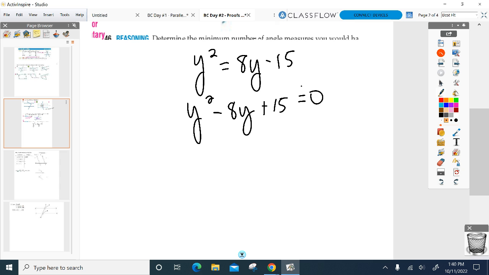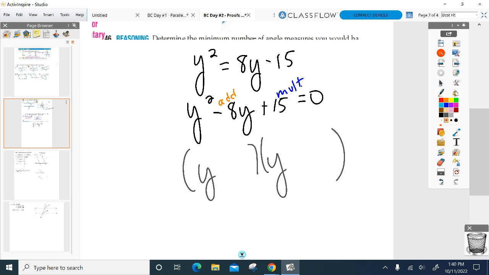You've got to play a little game. Anybody remember that game last year? Two numbers that do what? Multiply to, in this case, which number? The last number. So the two numbers you give me have to multiply to 15, but at the same time, add to negative 8. I always start with the numbers that multiply, and this is not a hard game to play because there are literally two sets of numbers that multiply to 15. 1 and 15, is that ever going to give me 8?